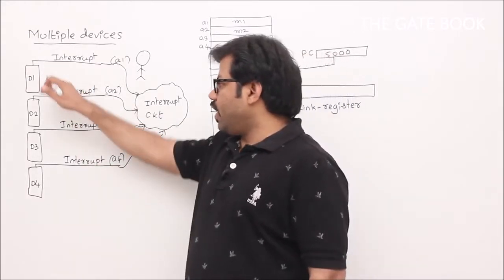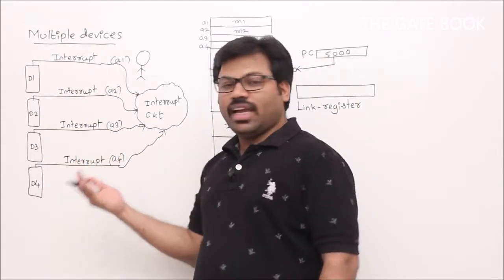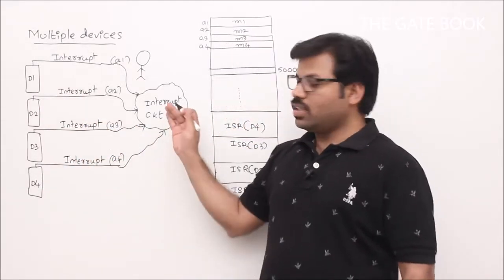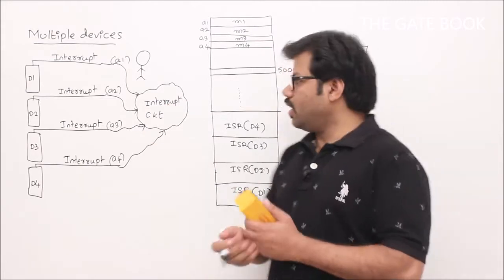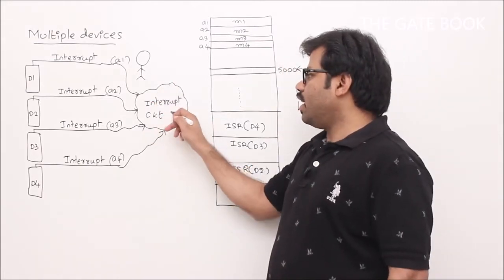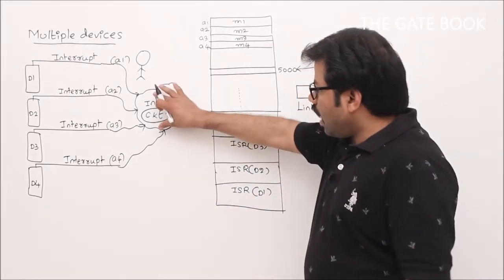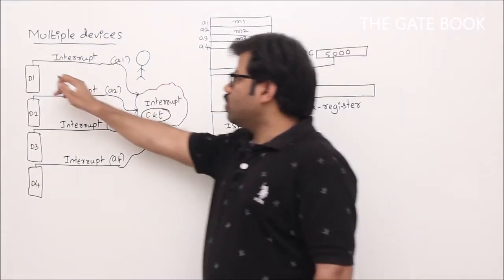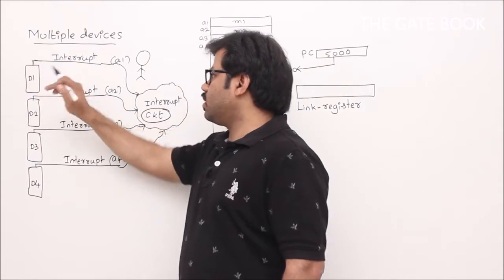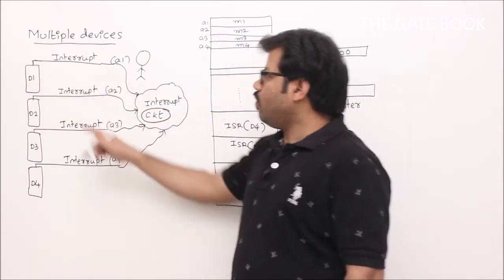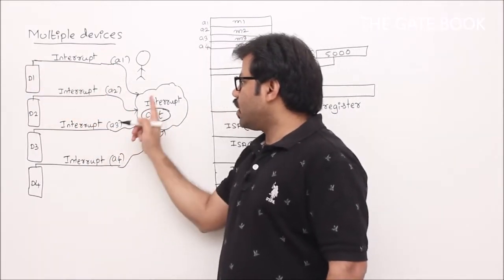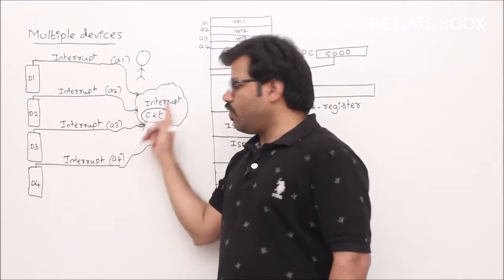When there are multiple devices and everything can generate an interrupt, we will see how the processor is going to handle it. However, the processor will again have a circuit related to interrupt handling, correct? That interrupt circuit is going to be connected to these cables like this. D1 is connected to the circuit, D2 is connected, D3, D4, everything.